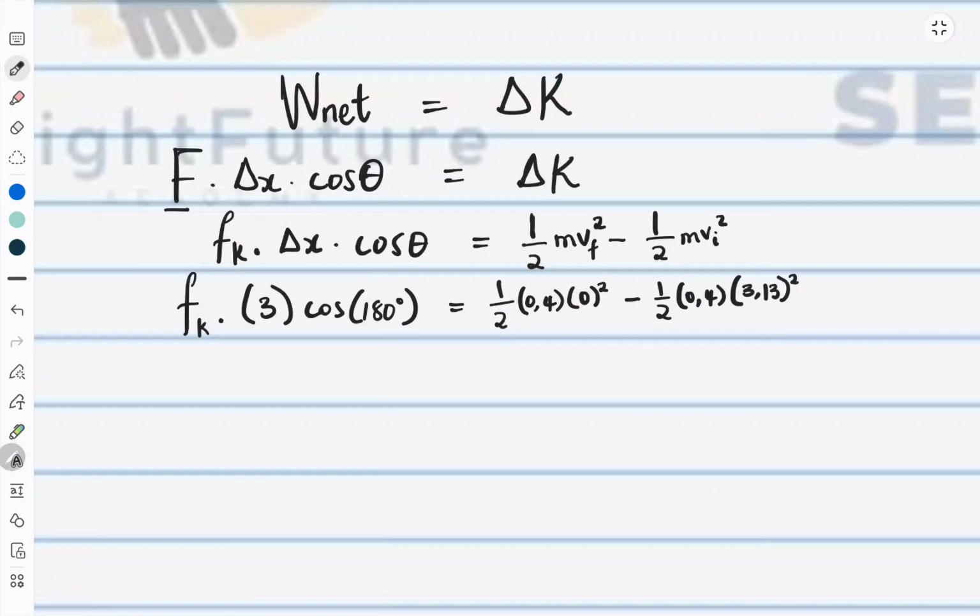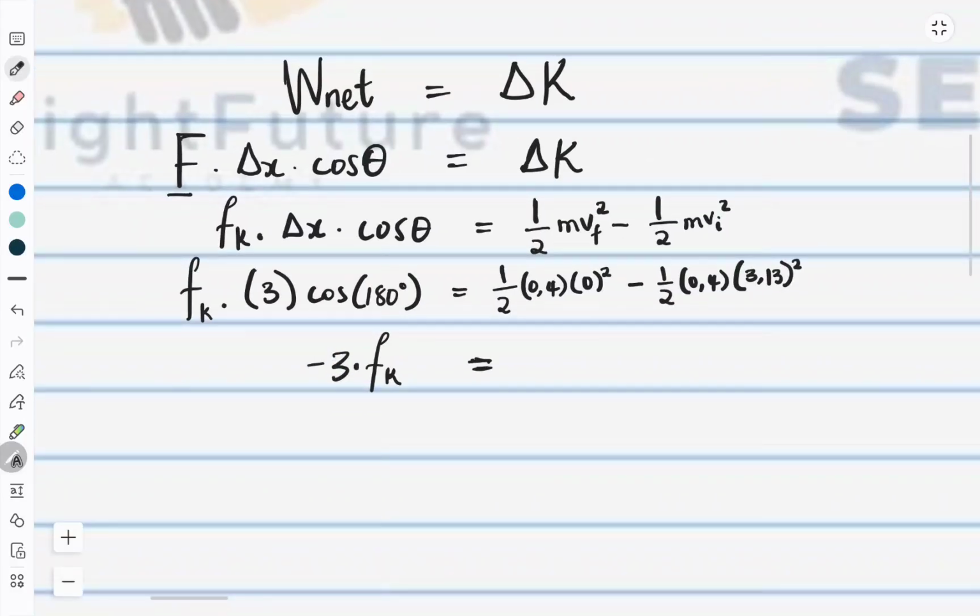3 times cos 180. That should be minus 3 actually. Doesn't need a calculator.